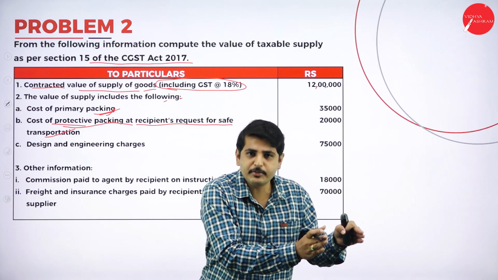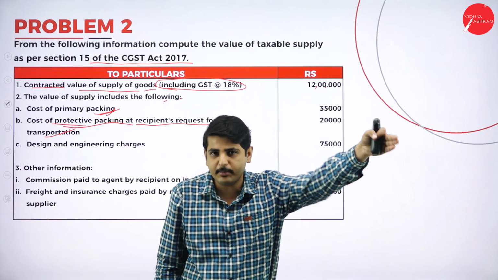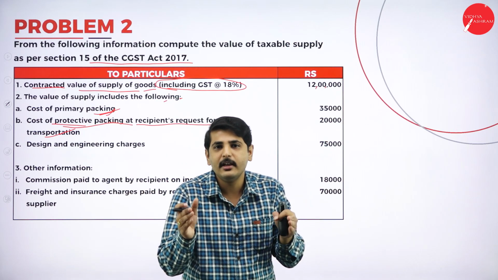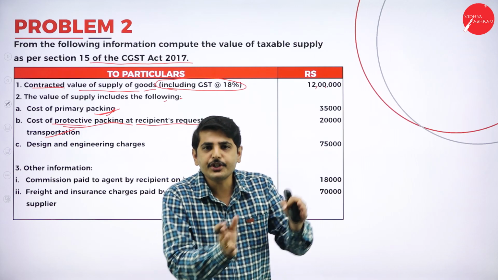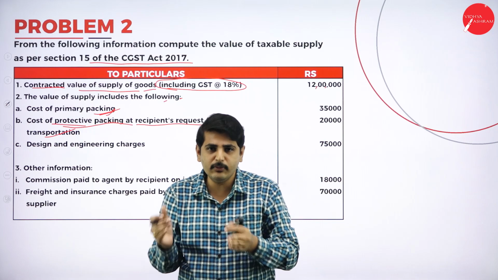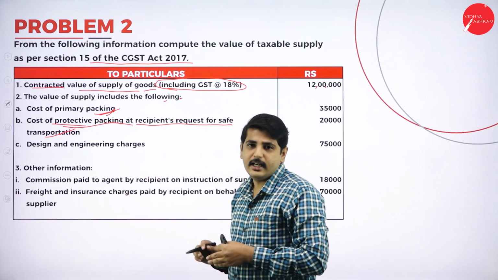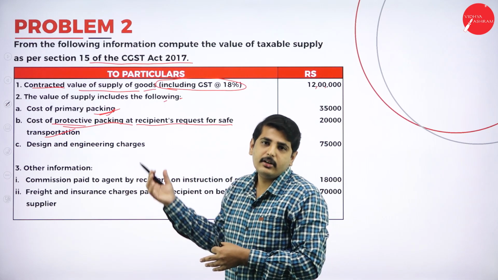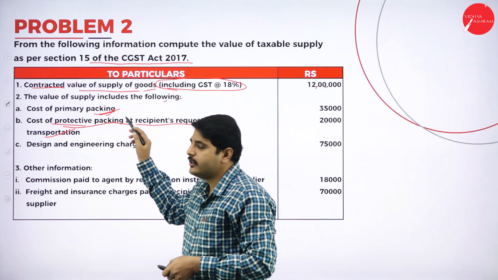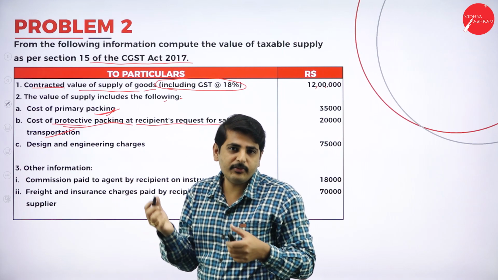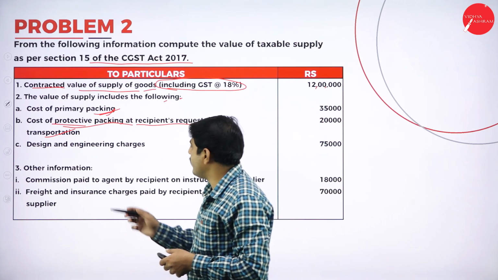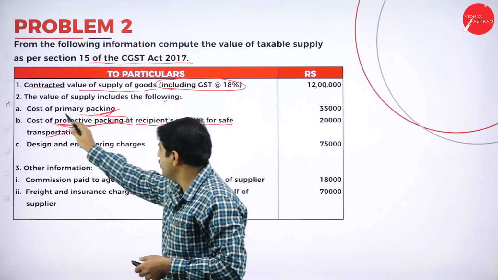Then once the goods reach their port, an American port or any foreign country's port, again the goods have to be moved from ship to rail or road transportation. Because of so many modes of transportation involved in the goods delivery, there are chances of damage to the goods. Because of this, the customer or the recipient of the goods will ask for one more coat of packaging. That's what we call protective packaging.